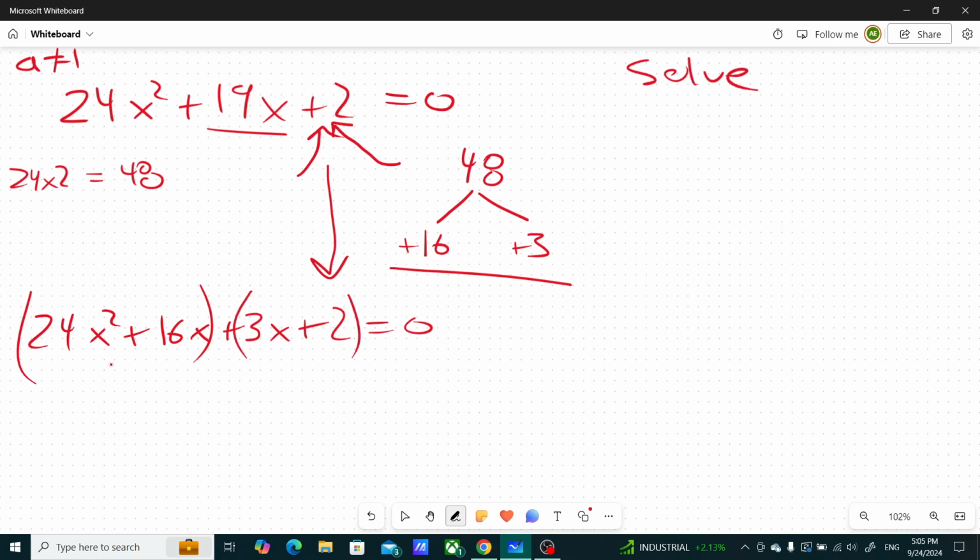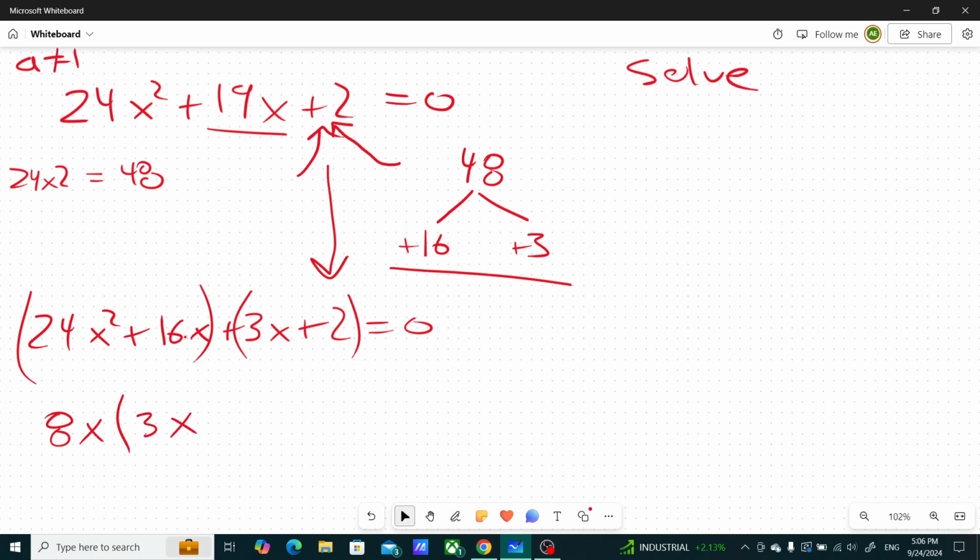So I can take something out common out of this first bracket. I can take 4, is it? No, I can take an 8 out. So I can take an 8x out. 24x squared divide 8x is basically 3x.